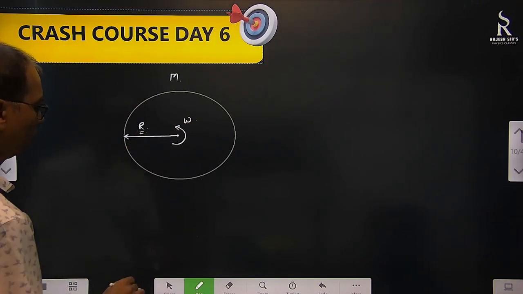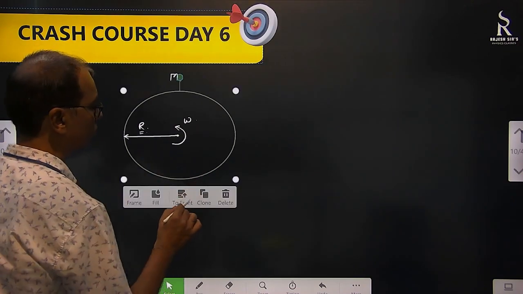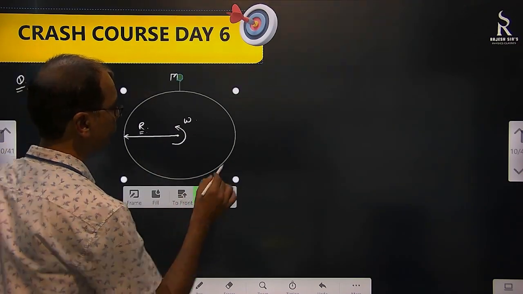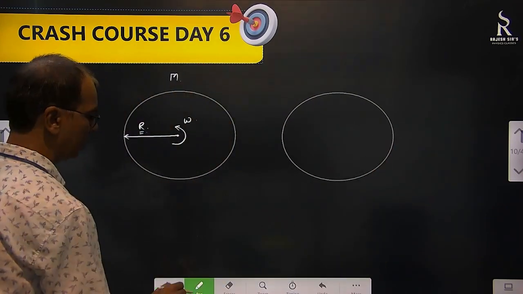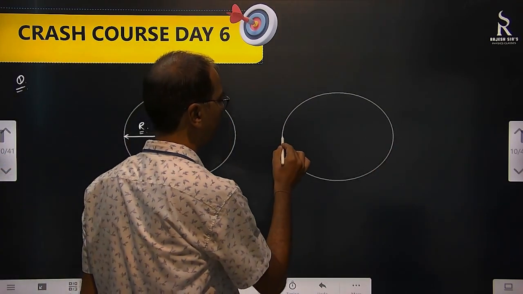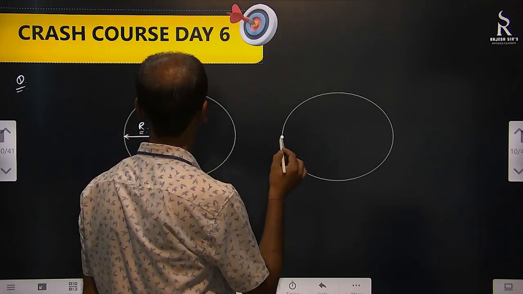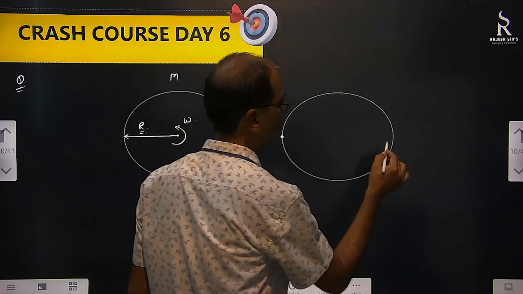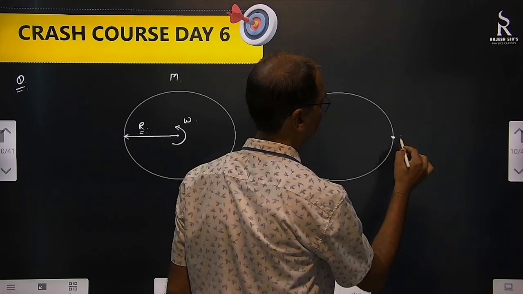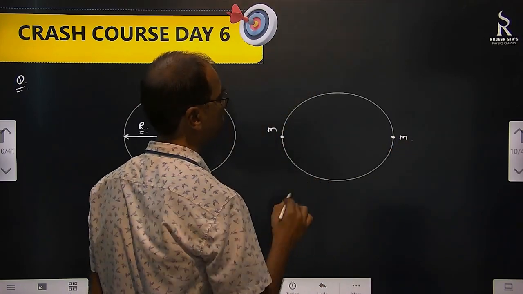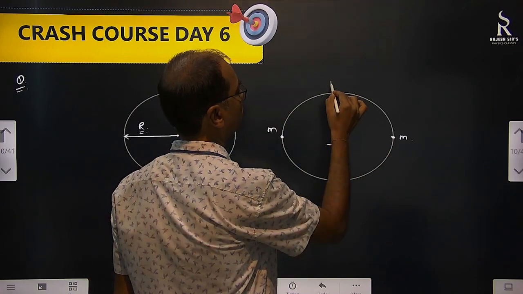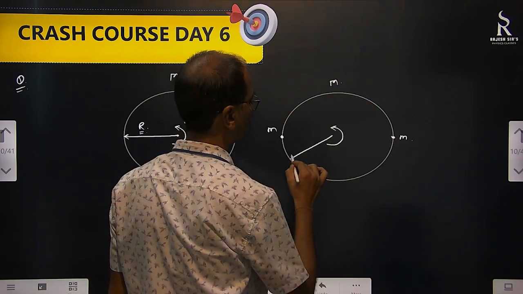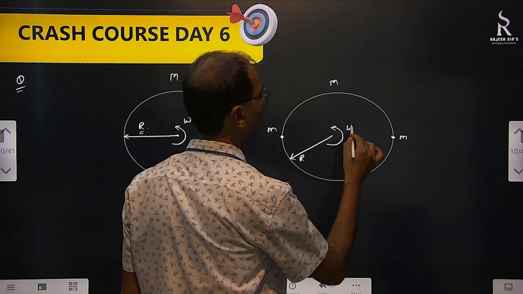Suddenly, two small particles are placed on this ring like this. Their masses are m and m. Its own mass is m. Radius is r. The question asked is, what is omega 1?